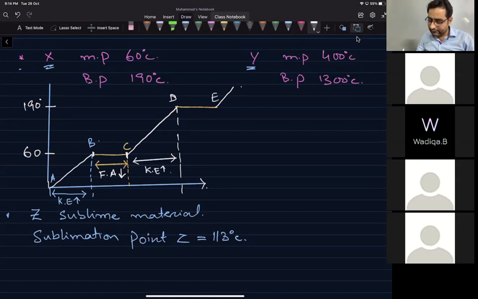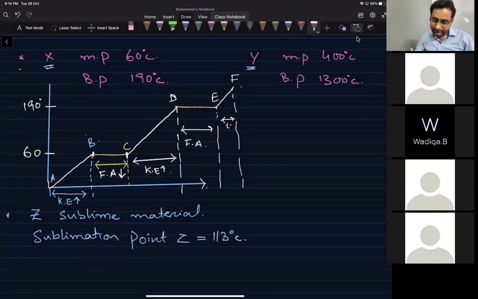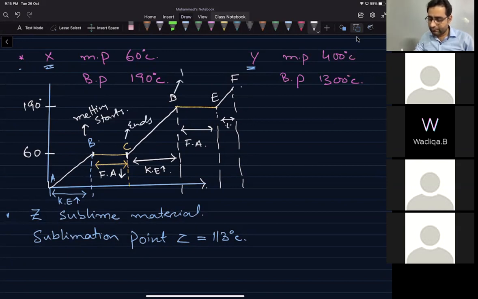Between D and E, temperature is constant, which indicates forces of attraction are reduced, and between E and F, kinetic energy is increasing. At point B, melting starts. At point C, melting ends. At point D, boiling starts.